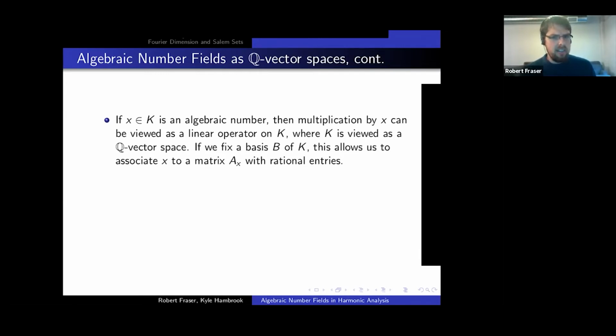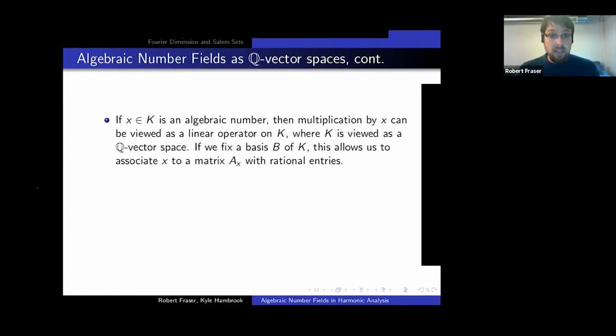And this is important for us because matrices with rational entries are something that you can understand as acting not just on elements of this vector space, but you can view them as acting on vectors in some Euclidean space as well. So this allows us to relate these algebraic number fields to Euclidean problems.